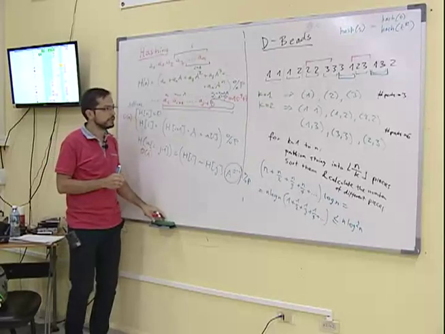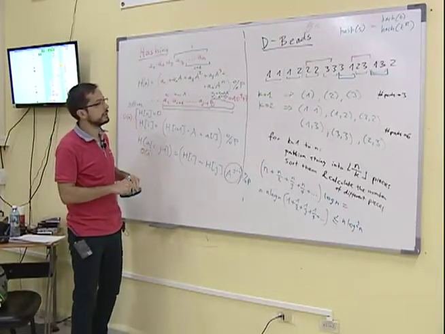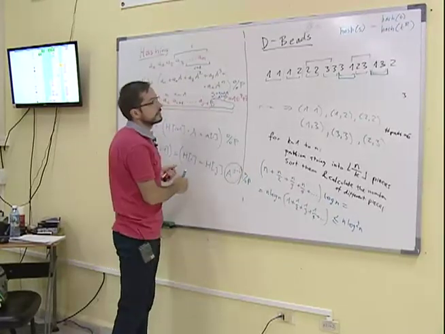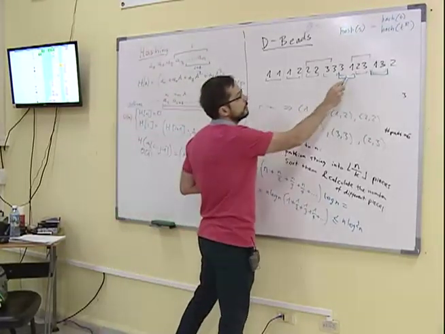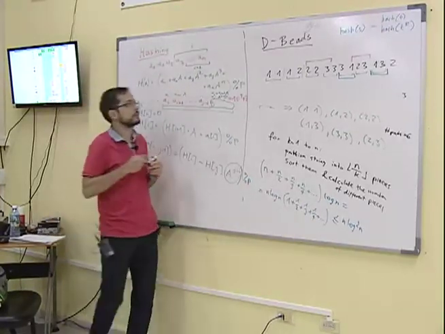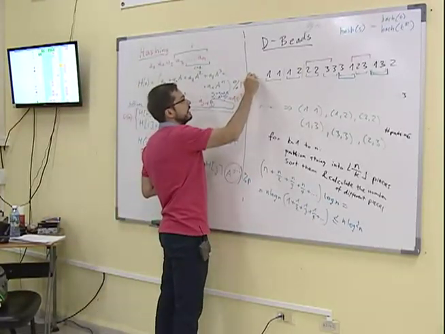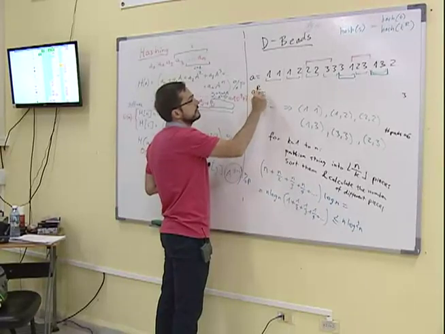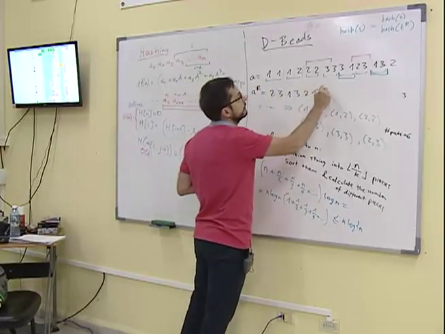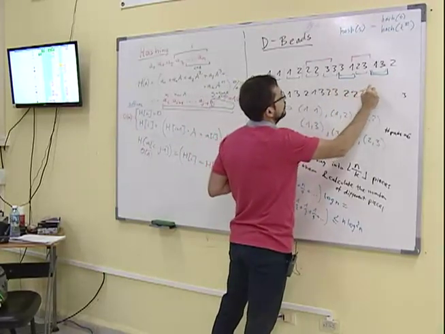All right, but then we need to take care. Let's say that we would like to compare these two. So this is string A, and this is A reversed. So basically it's like 2, 3, 1, 3, 2, 1, 3, 3, 3, 2, 2, 2, 1, 1, 1.